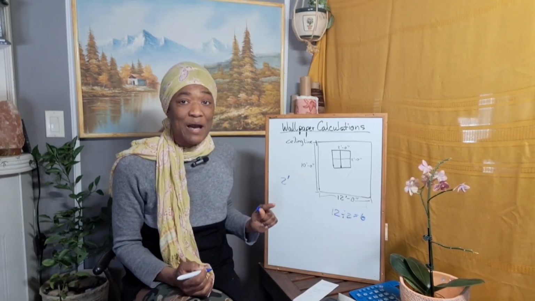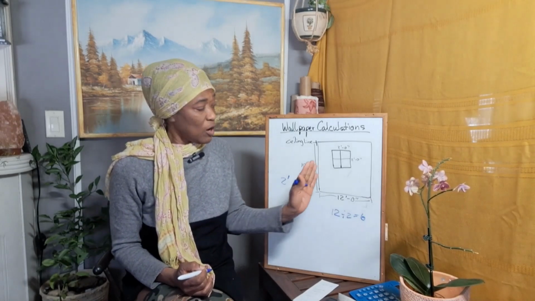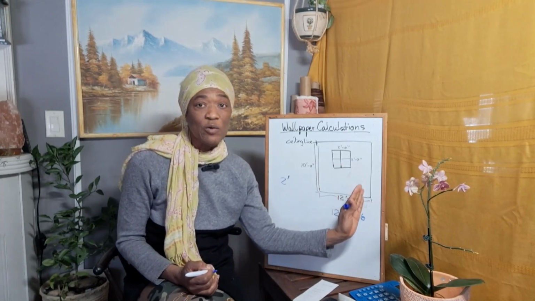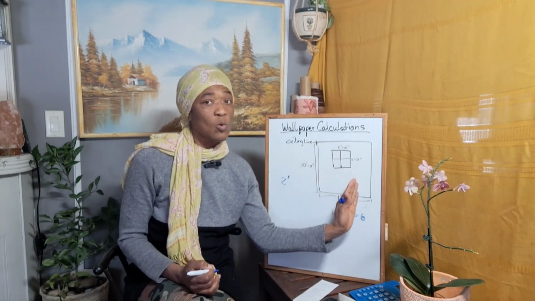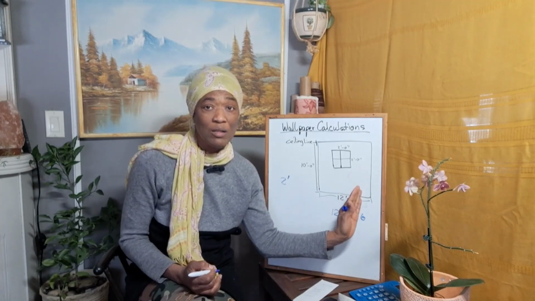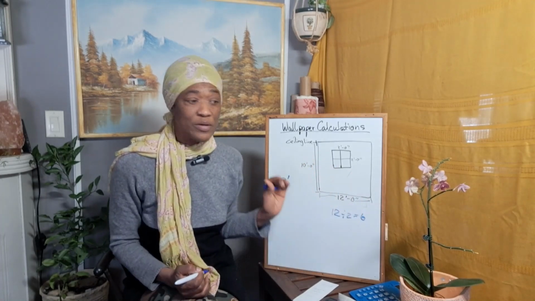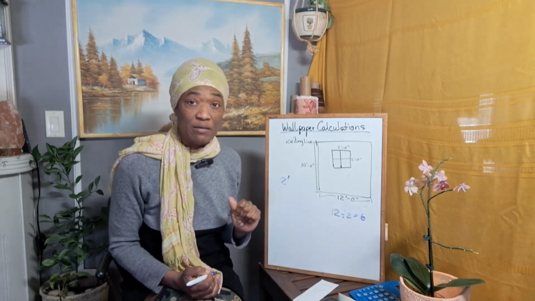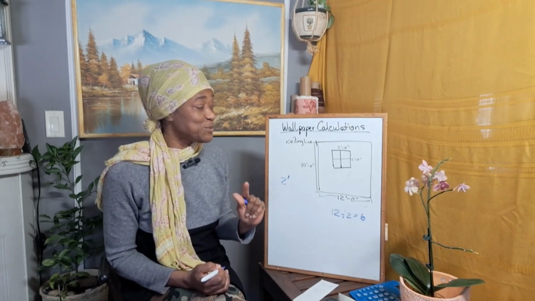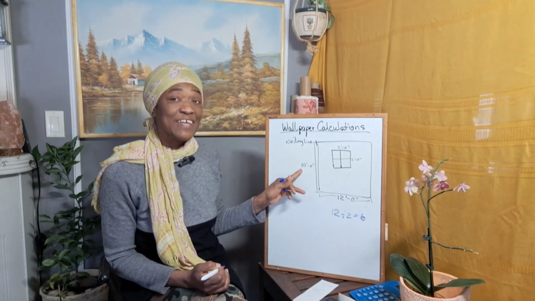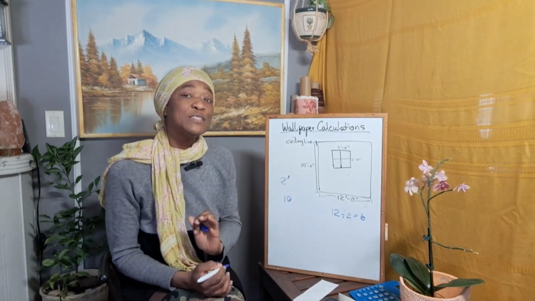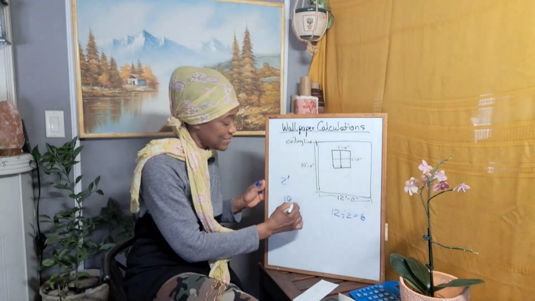Now we did that because we want to find out how many widths of this 2 feet wallpaper we will need to go across the wall. So if your wallpaper is 3 feet, then you divide by 3. What we'll do next is take this 10 feet and we will multiply that by 6.